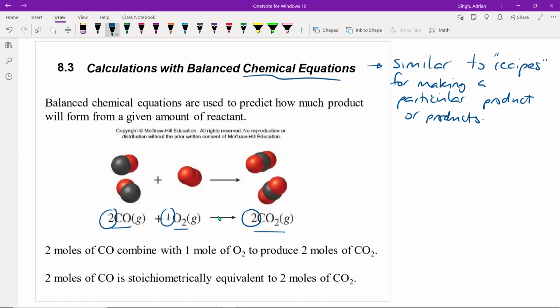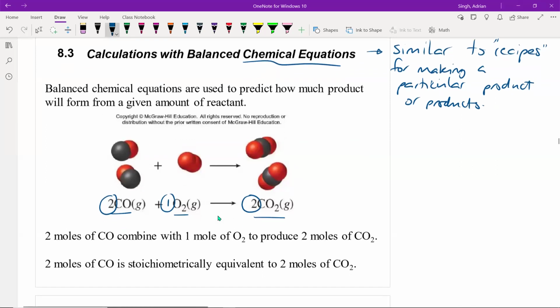I can look at it from the perspective of individual molecules, which is obviously a perfectly acceptable way to look at things, but realistically, that never happens. You don't deal with individual molecules and individual atoms. Instead, the way balanced chemical equations are useful for us is through the coefficients in the balanced equation.